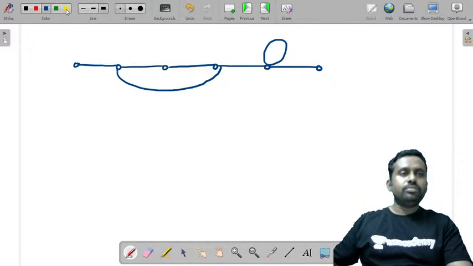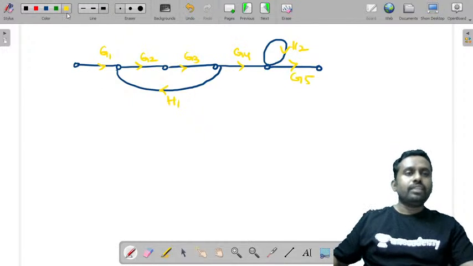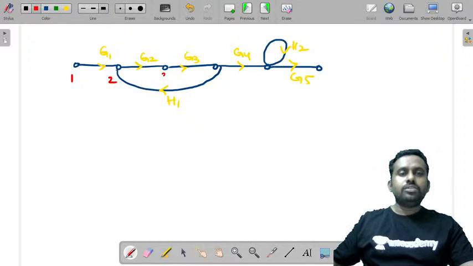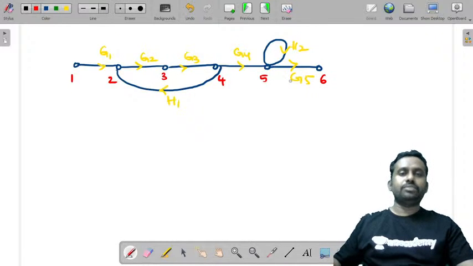This is the other loop. Let us call this G1. The gain is G2 here. This is G3. Let us call this H1, this G4, this H2, and this G5. And we'll mark these nodes 1, 2, 3, 4, 5, and 6.